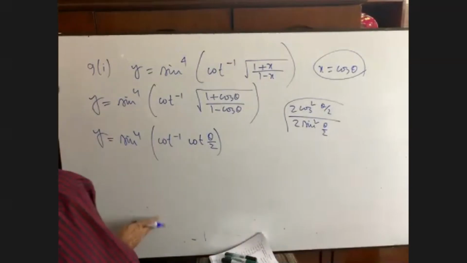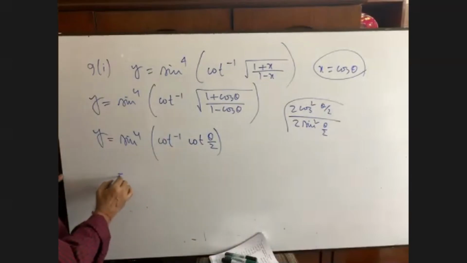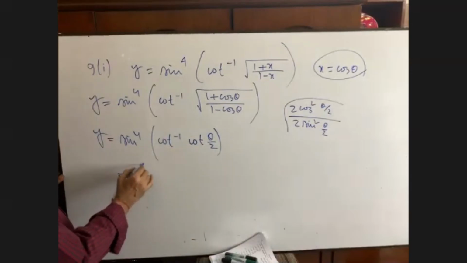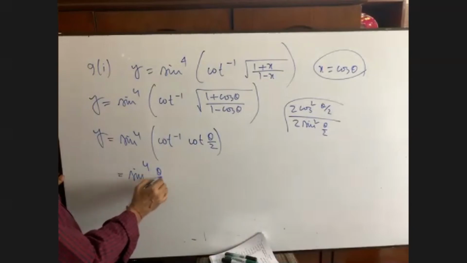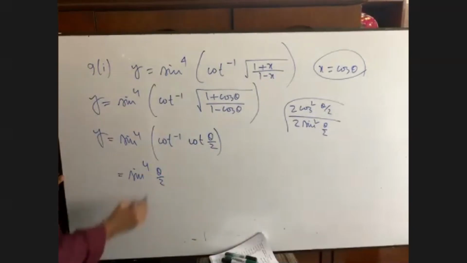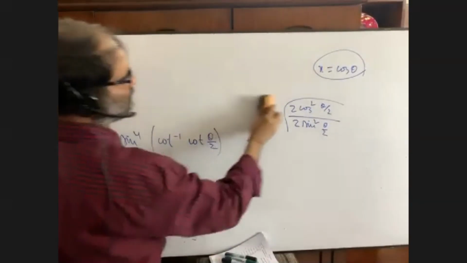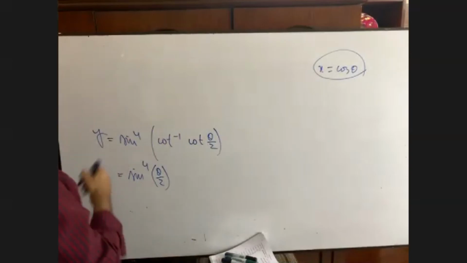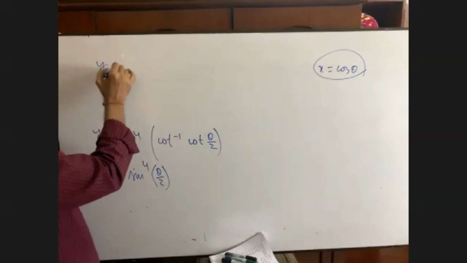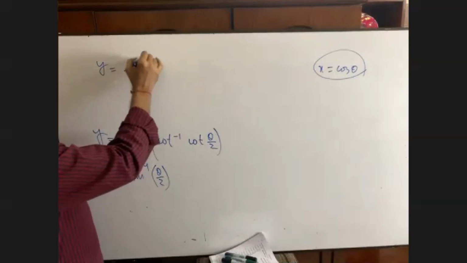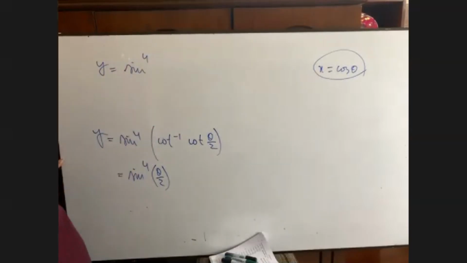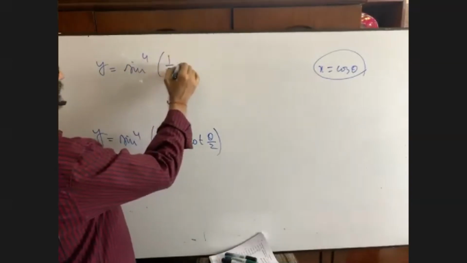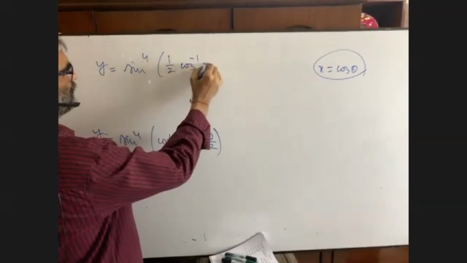Now you see, we are getting sine 4 theta by 2. Now we can write here y is equal to sine to the power 4 of theta by 2. Theta means what? Cos inverse x. So this is half into cos inverse x.